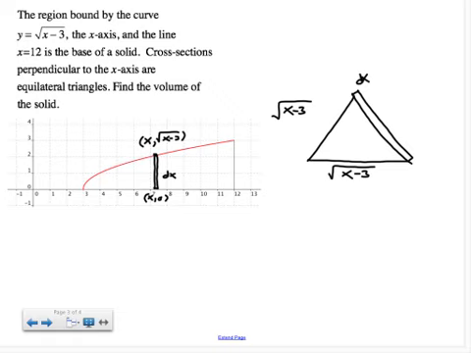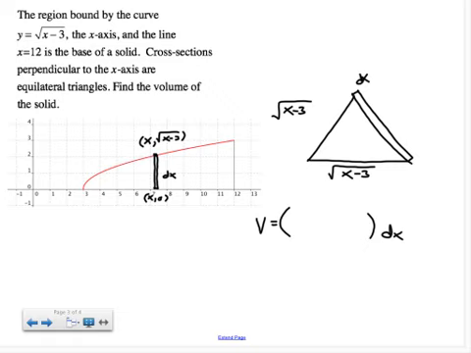So now I have to look at this figure, this prism, and ask myself, what's the volume of the figure? Okay, so it's going to be the dx times the area of the face. And the face of this figure is an equilateral triangle, so I need to figure out what's the area of the equilateral triangle that has this side length. So without getting into too much detail, if you have questions about this, you can email me, let me know.